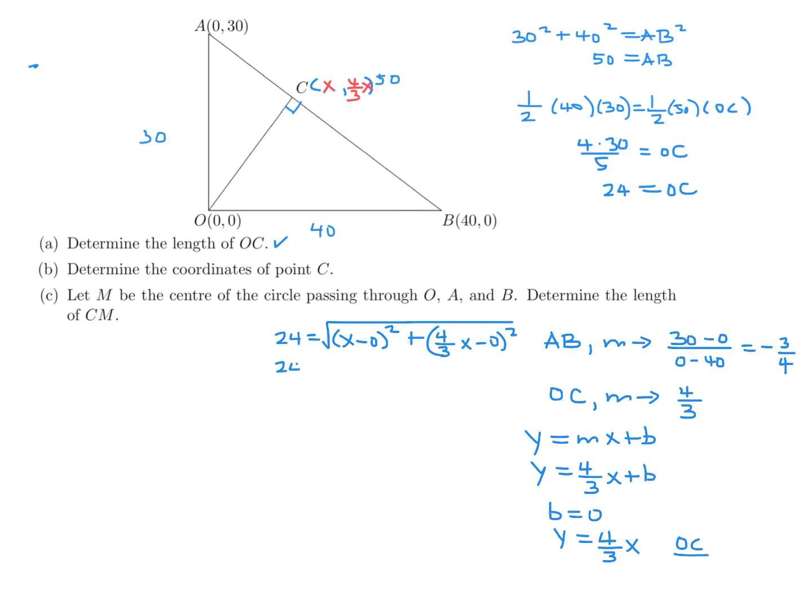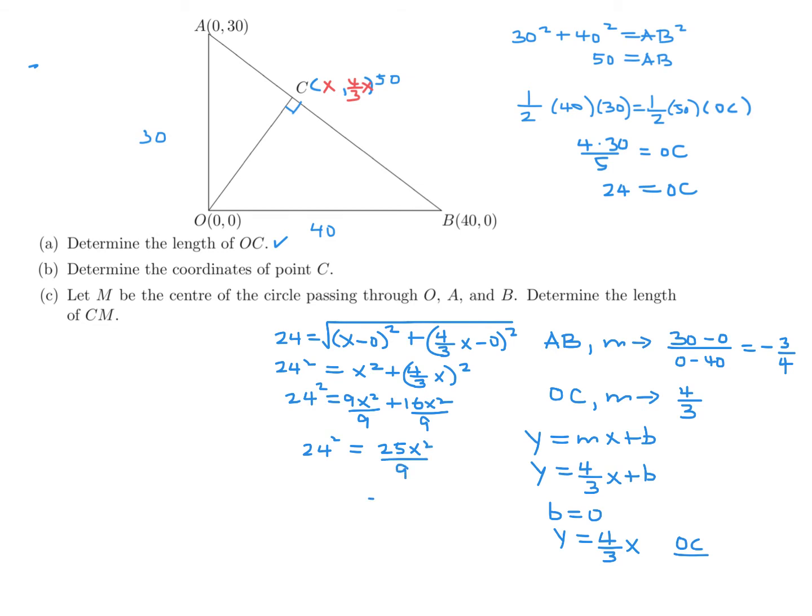So that means that 24 squared is equal to x squared plus (4 over 3 x) squared. So 24 squared is equal to x squared plus 16x squared over 9. And therefore 24 squared is equal to, that's 9 over 9, so that's 25x squared over 9.